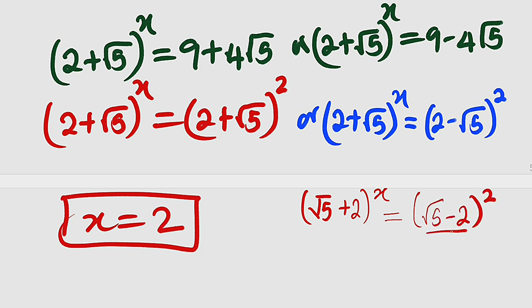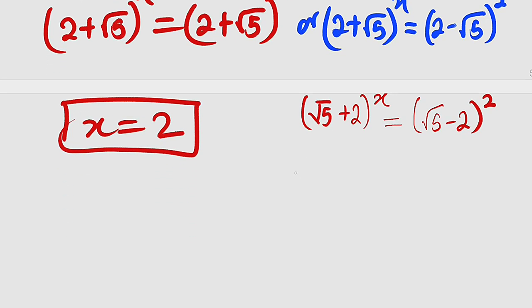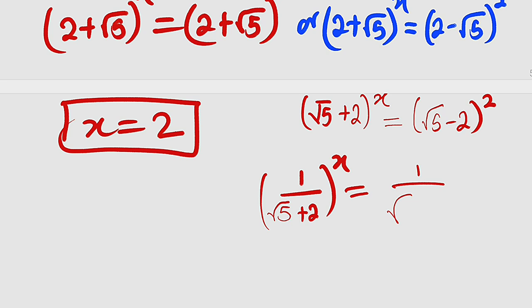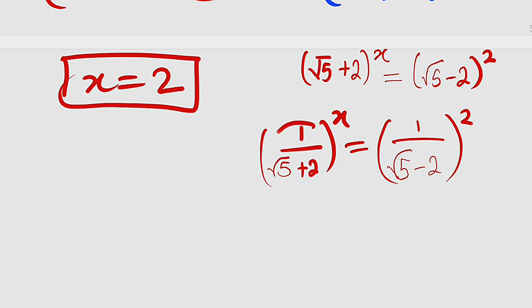Root 5 minus 2 is the reciprocal of root 5 plus 2. So let us take the reciprocal of both sides. On the left hand side, we have 1 divided by root 5 plus 2 to the power of x, and this is equal to 1 divided by root 5 minus 2 to the power of 2. Remember, I told you this is the same thing as this one, right?